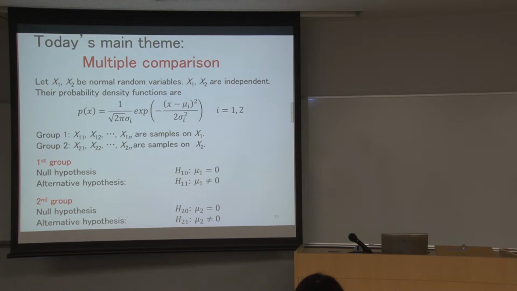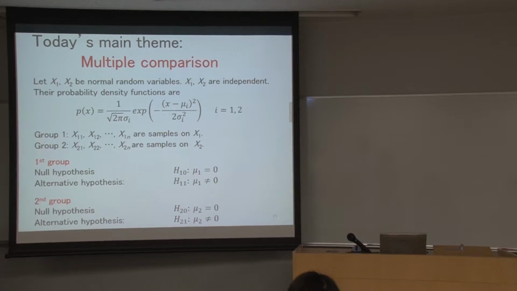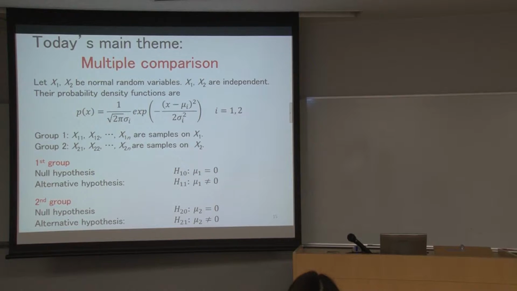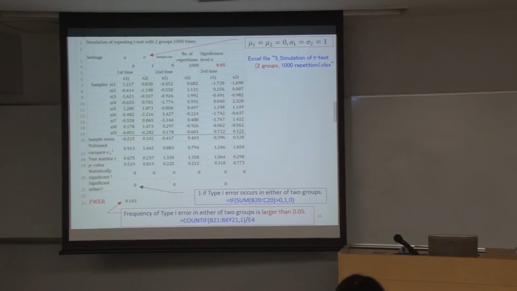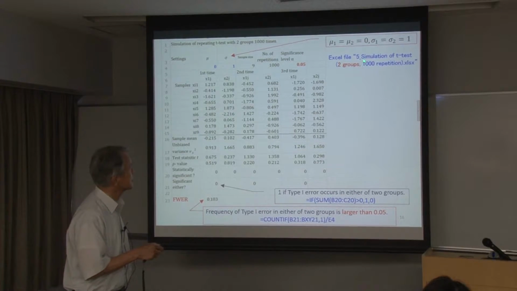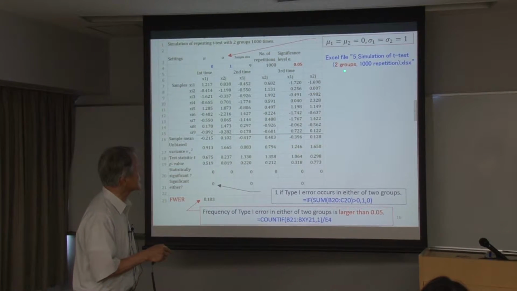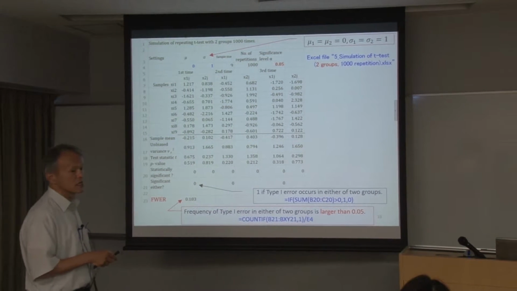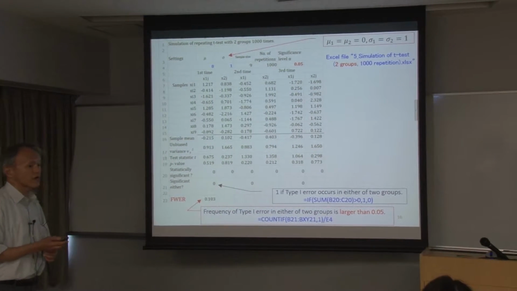And if we apply the t-test independently to these groups, what will happen? This is a question. The file is named 5, simulation of t-test, 2 groups, 1,000 repetitions. Please open this file.